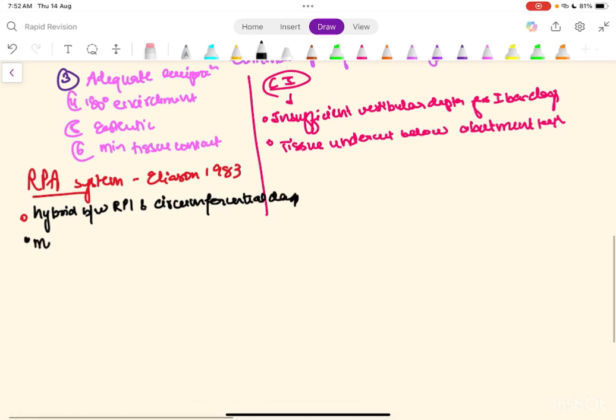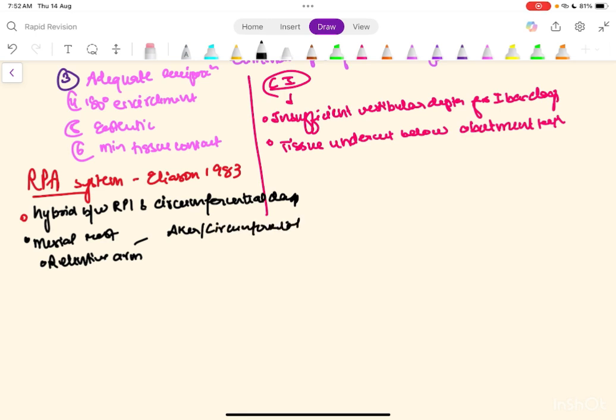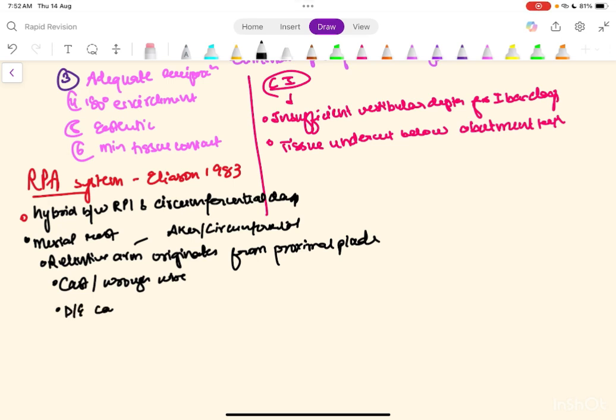In this the mesial rest is given, and the retentive arm of the Akers clasp or circumferential clasp originates from the proximal plate and is made of cast or wrought wire. This is used in distal extension cases where a bar clasp is contraindicated, and the indication is basically class 1 and 2.